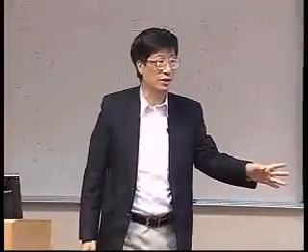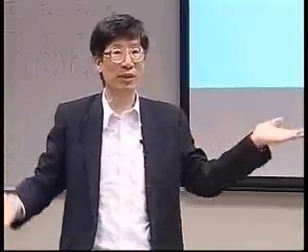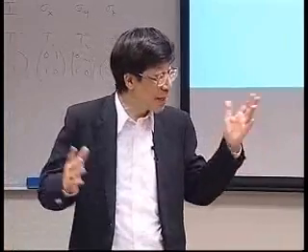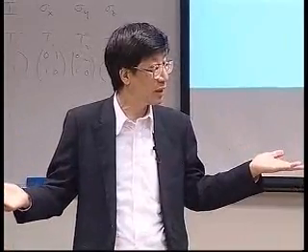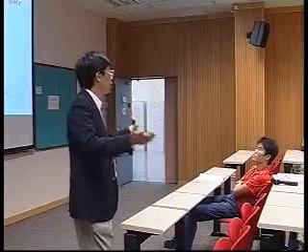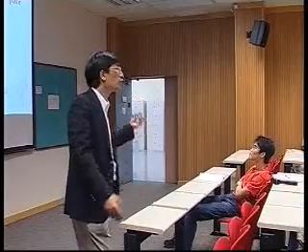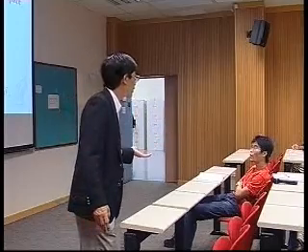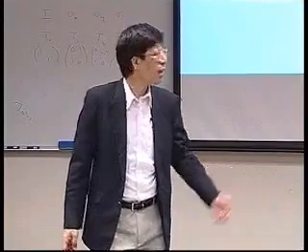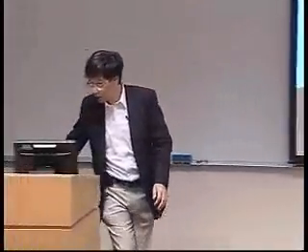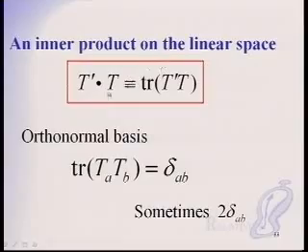Now, since these matrices form a vector space, this may confuse you at first. Normally you think about vectors and matrices as different. But these matrices themselves form a vector space in the sense that you can add them together and do scalar multiplication. So on a vector space, I can try to define an inner product. Okay? And I define an inner product between two matrices as the trace of their matrix product.